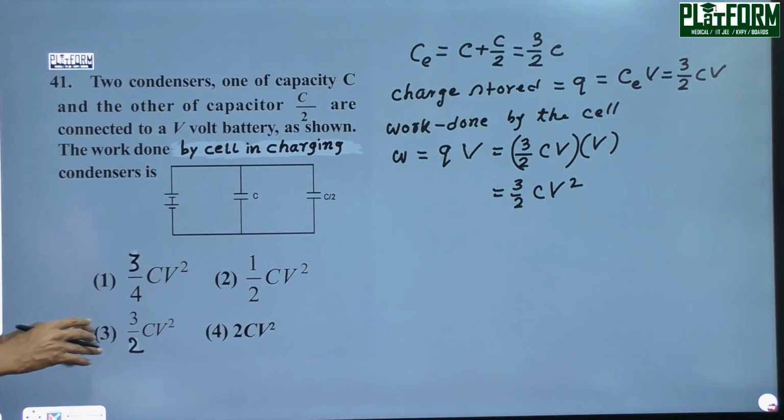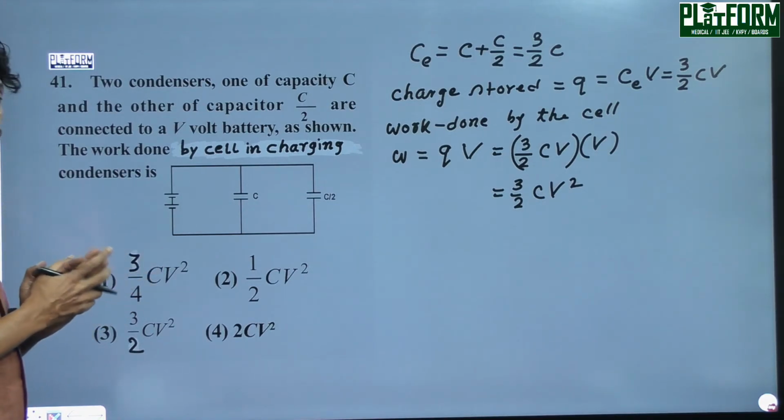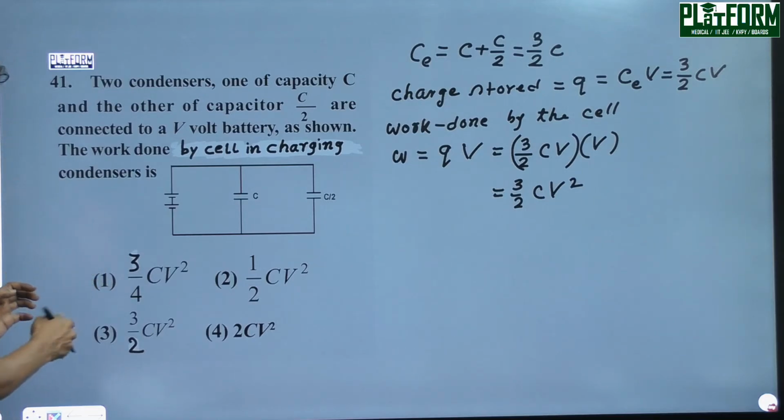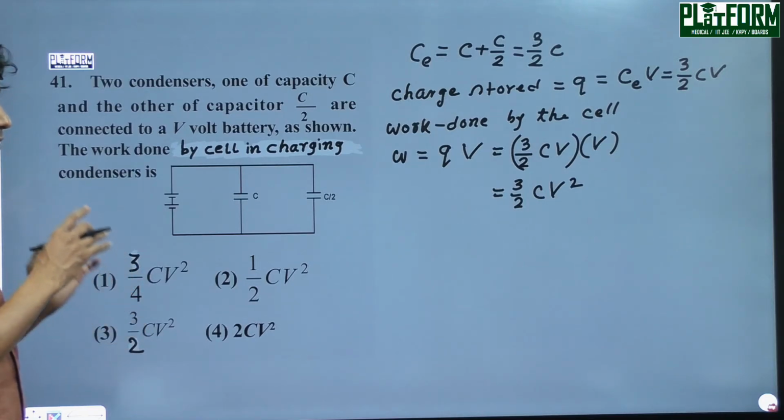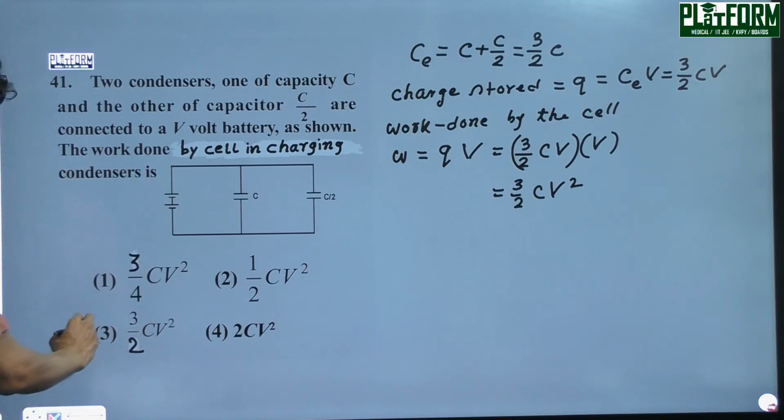In this type of problem, this is a simple problem, but sometimes students may find the wrong answer, half CV square, so the answer may be option 1, but here the question is actually work done by the cell in charging the condenser. The right option here is 3.